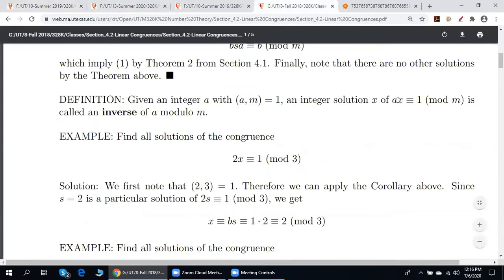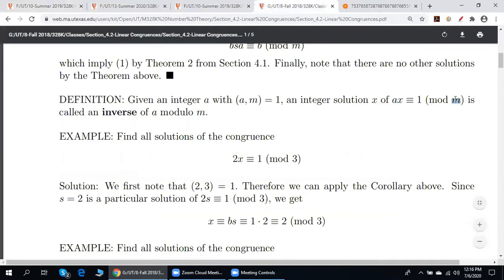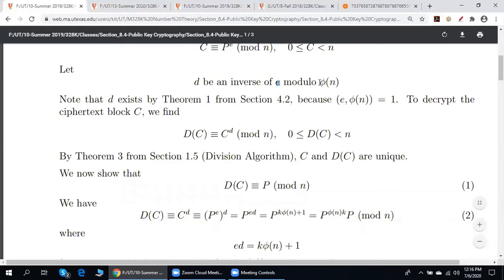Inverse means a solution of the following equation, AX is congruent to 1 modulo M. In our case, A is equal to E, M is equal to phi of n.